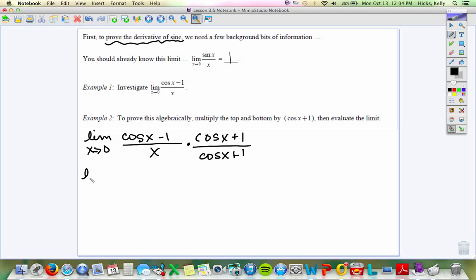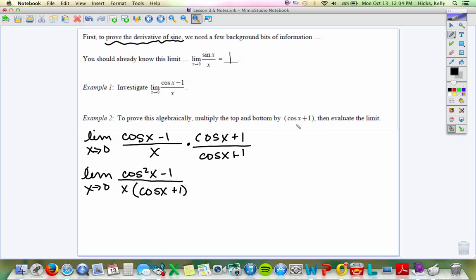What does that give us on the top? It gives us cosine squared x minus 1, because this is a difference of two squares, over x times cosine x plus 1.